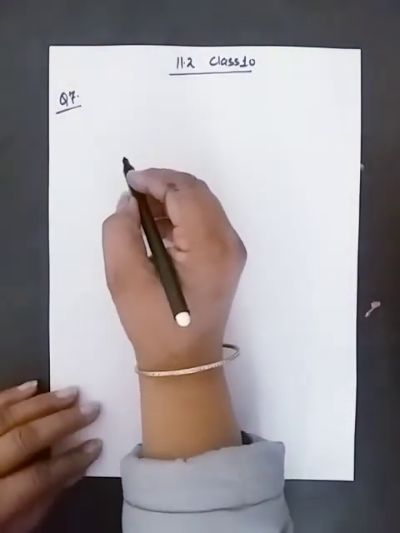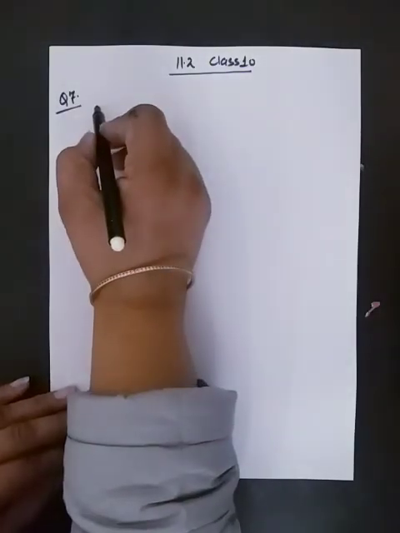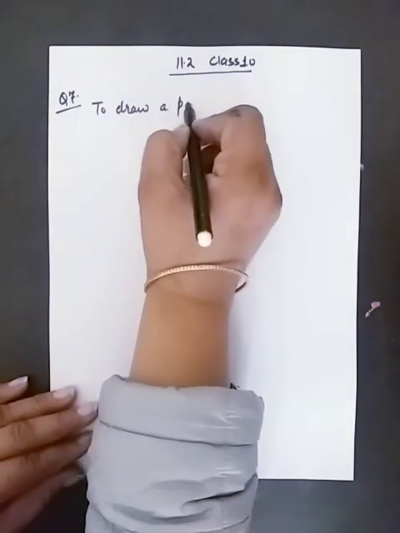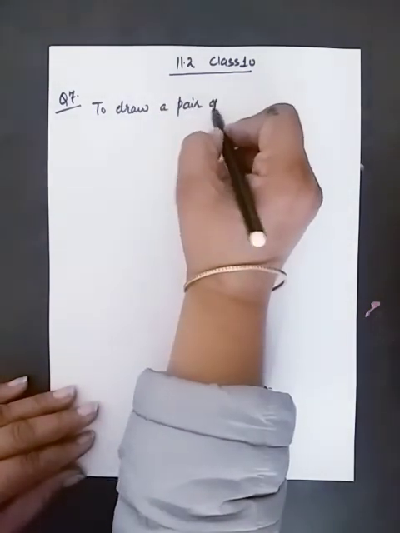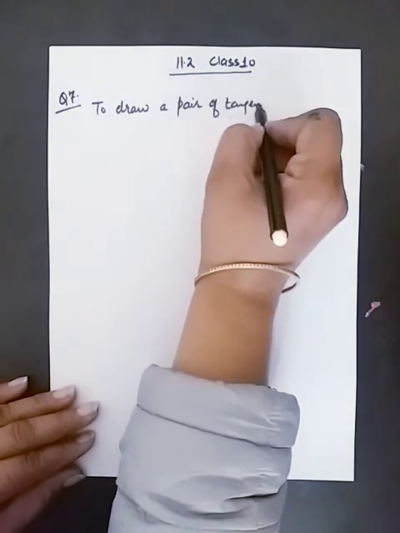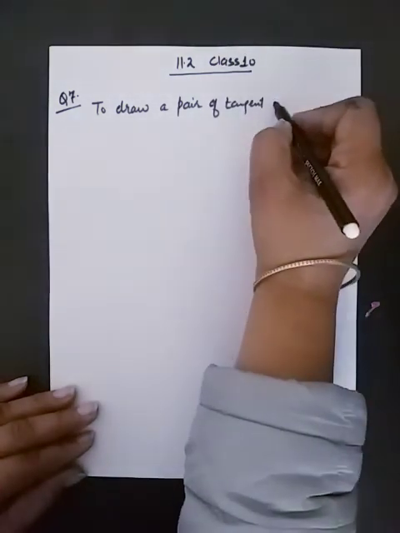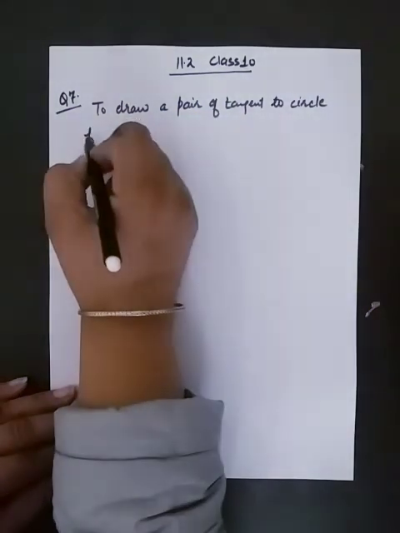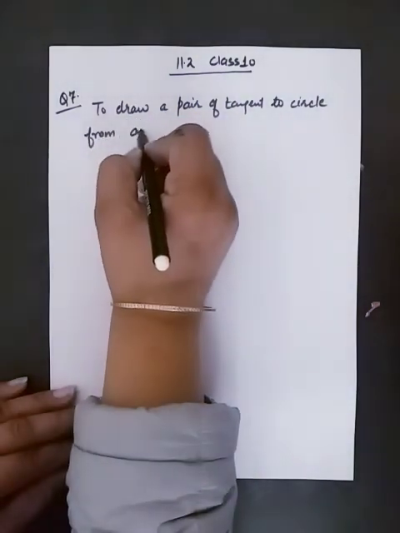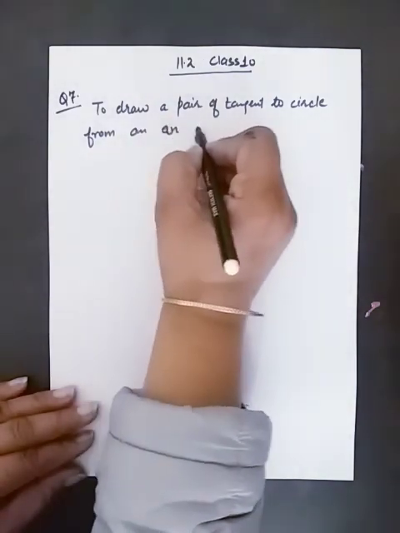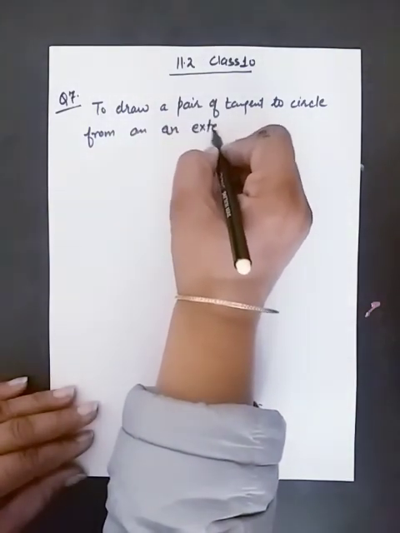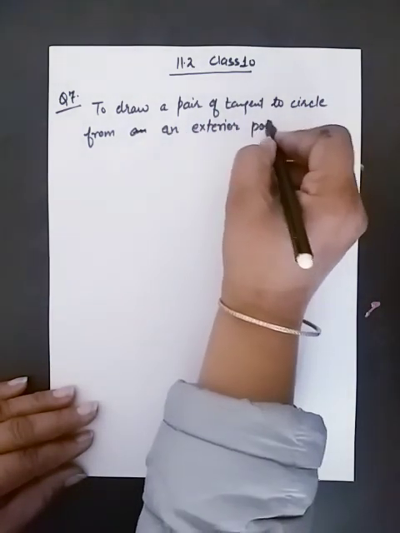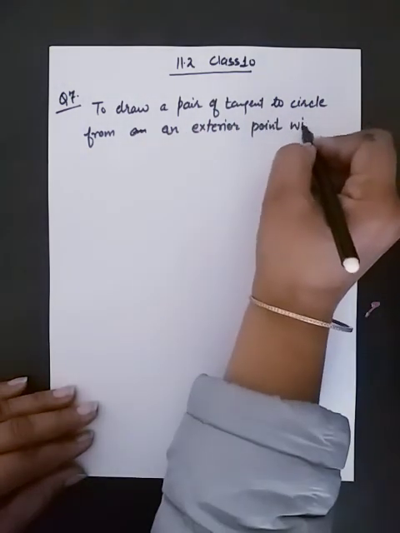Students, this question is also known as to draw a pair of tangents to a circle from an exterior point without using the center.